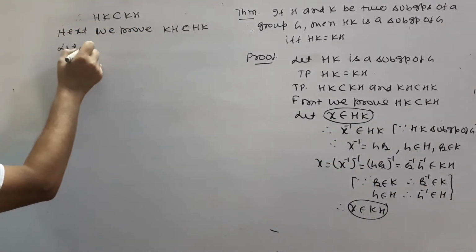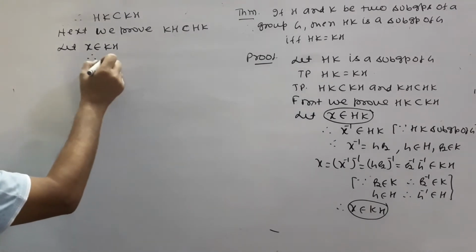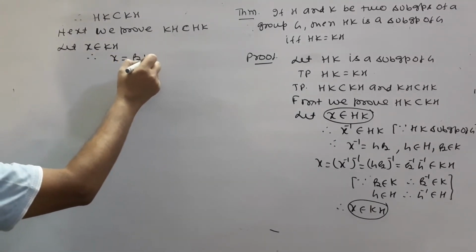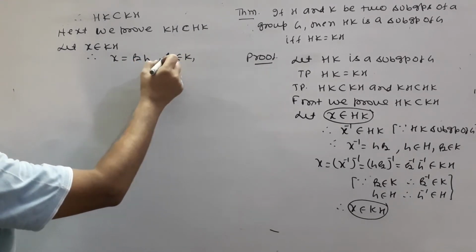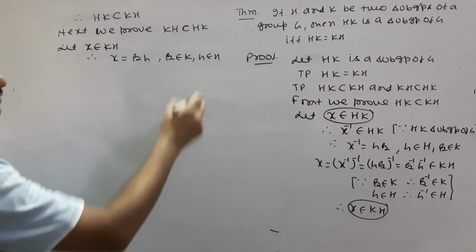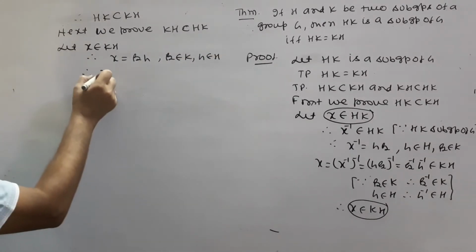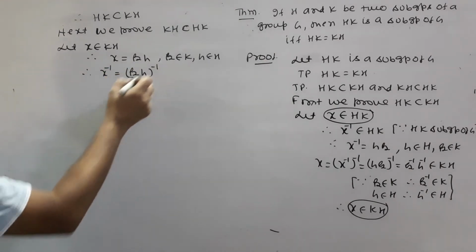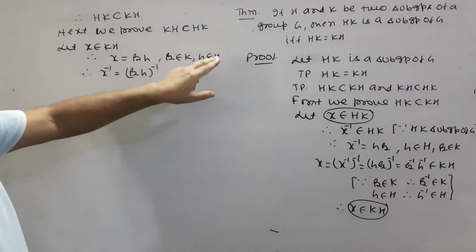Let x belong to KH. So x equals small k h, for k belongs to K and h belongs to H. Clear everything? So x inverse, the inverse of kh, because to prove x belongs to HK.